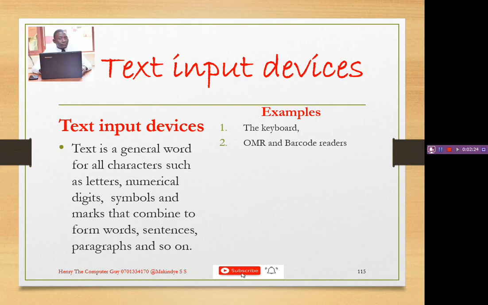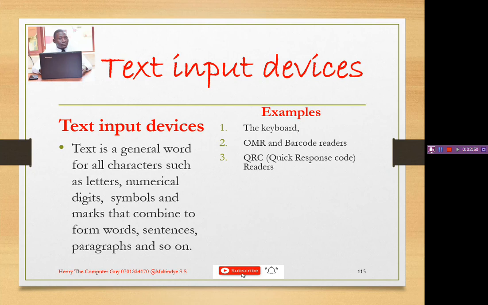Then we can have the optical mark recognition reader. We can have the barcode readers. We have the quick response code readers. These are somewhat similar to the barcode readers, but they are better. I think you have ever used Xender to transfer a song to another person's phone.